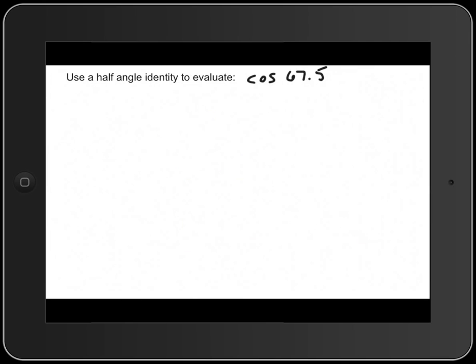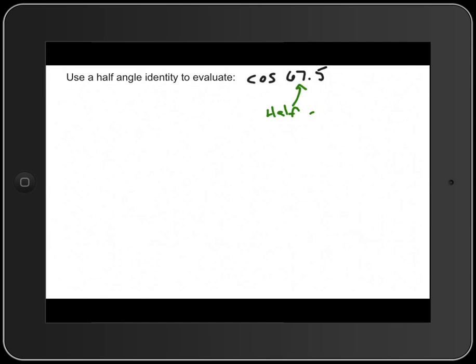Number 4, we are going to look at a half angle identity to solve this one. And to do that, hold on a second, the loud fan just turned on in here. So to solve this with a half angle identity, I have to think 67.5 is half of what? Okay?